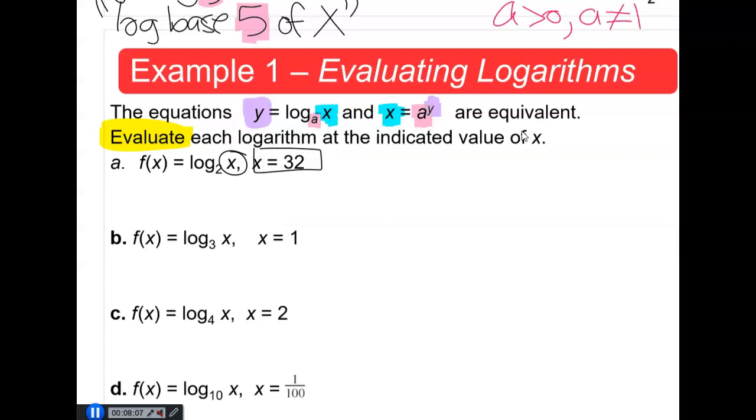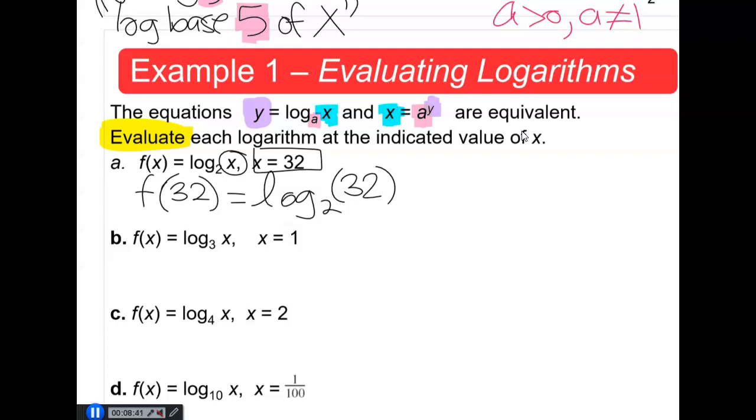So f of 32, you see f of x. It is a function, by the way. We will look at the graph. And this will be log of base 2 of 32. Notice how the 2 is smaller. It looks like a subscript.